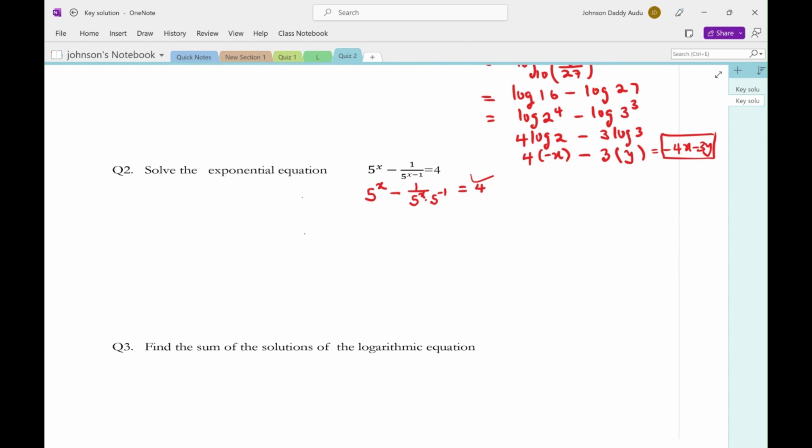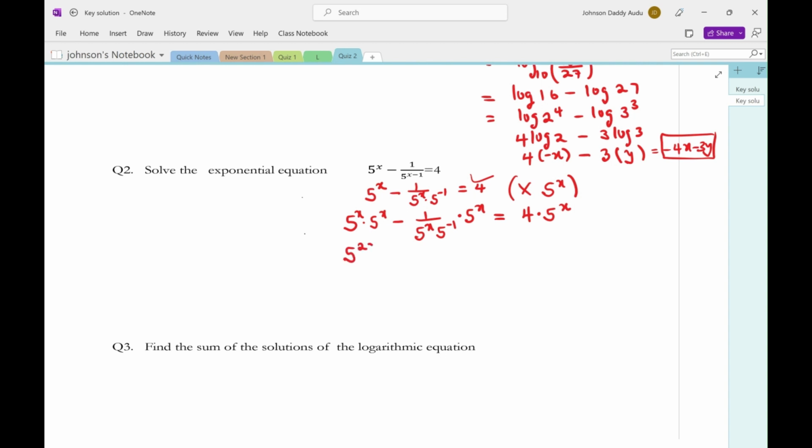With this, we can decide to multiply through by 5 to the power x. So here will become 5 to the power x times 5 to the power x, minus 5 to the power x times 5 to the power minus 1 times 5 to the power x. And the right hand side will be 4 times 5 to the power x.